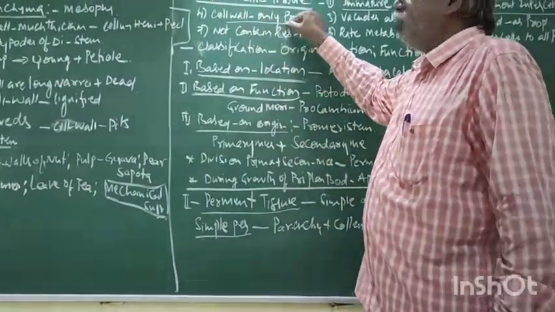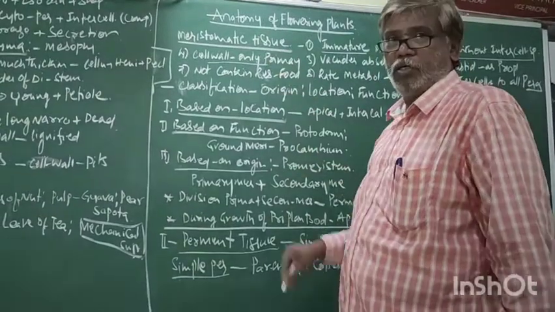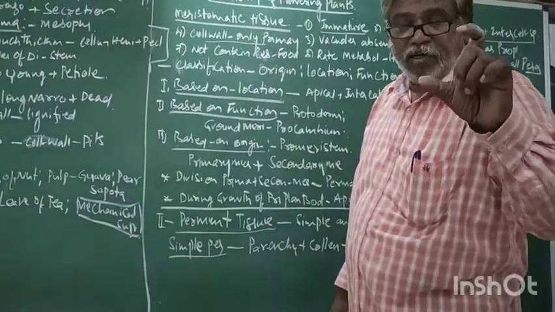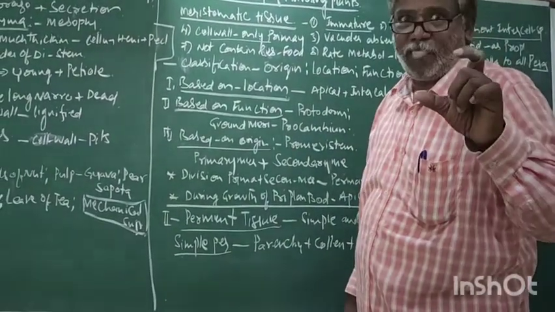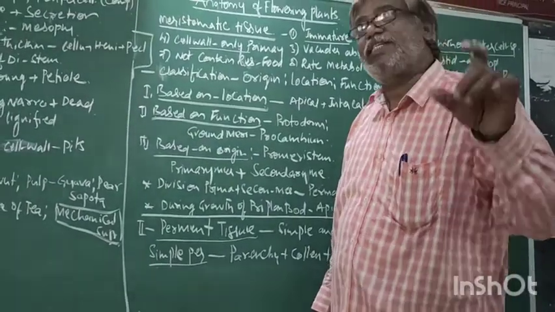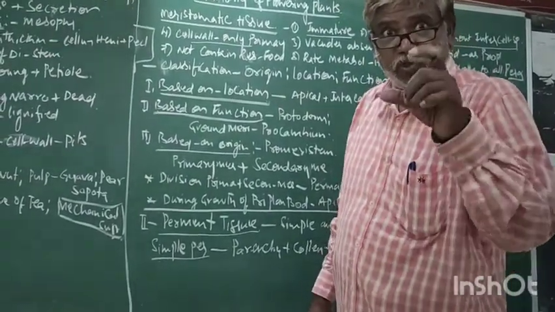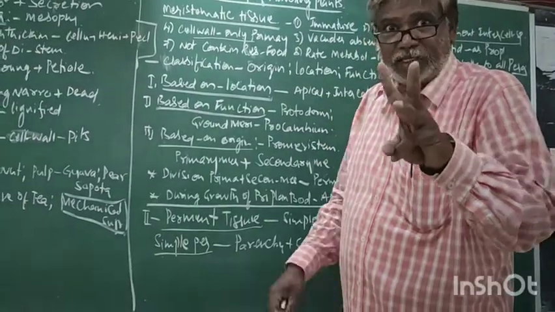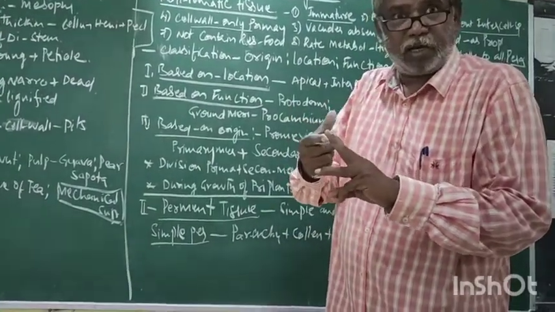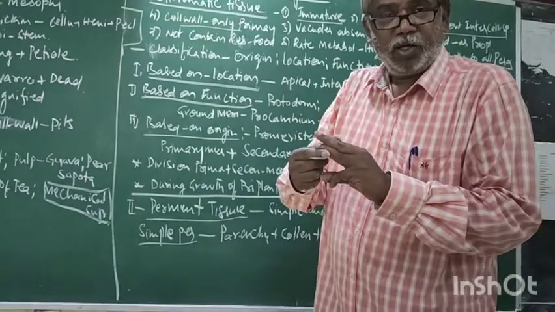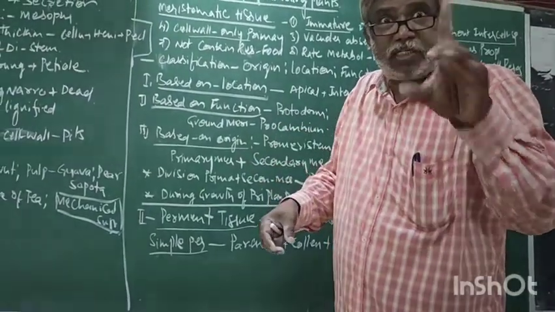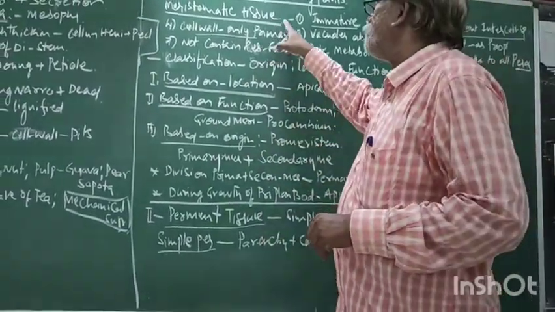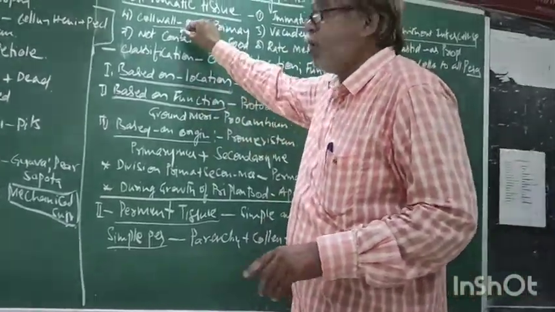The cell wall is most important. A mature cell wall contains three layers: primary wall, secondary wall, and middle layer. These three layers together form the cell wall. But due to immaturity, in meristematic cells only the primary cell wall is there.